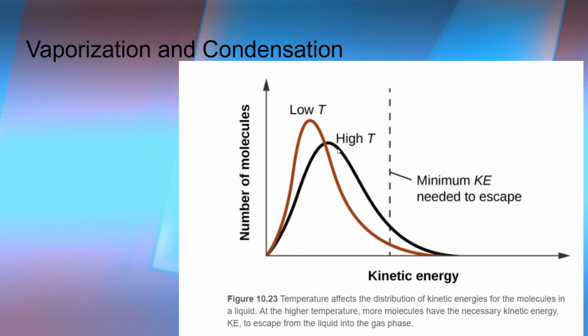When there's a higher temperature, we're going to have more molecules that get the energy that they need to escape from the liquid phase into the gas phase. And when we have a lower temperature, we've got less kinetic energy, as you can see. So it's going to take more of an increase in temperature, or more molecules, to be able to get into that gas phase. So that's all that this diagram is showing you.